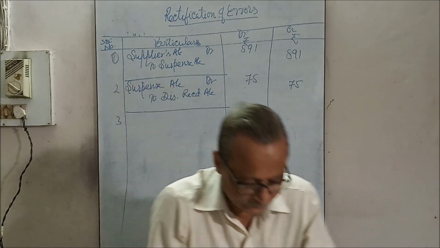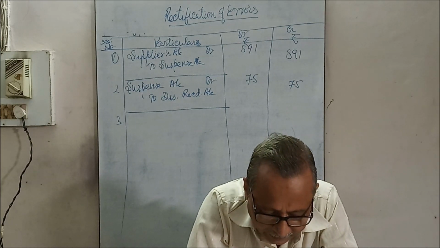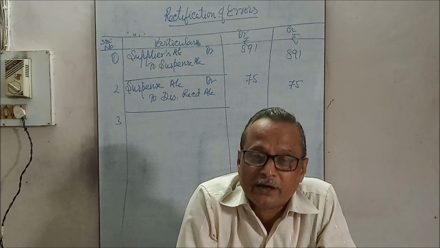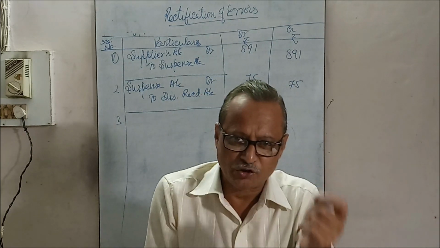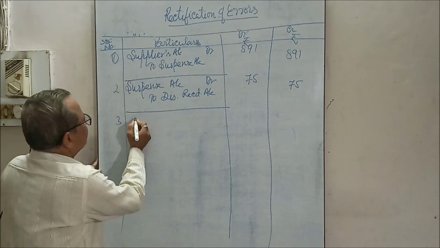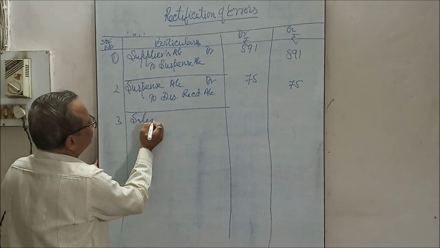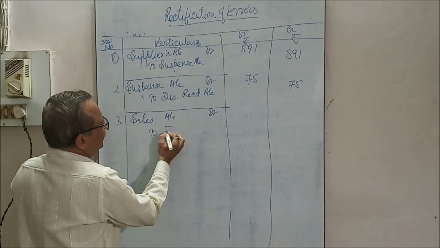Third, sale of furniture for 1400 had been entered in the sales book. It is double-sided. Sale of furniture, in place of furniture being credited, sales was credited. So correct it. Sales account debit to furniture account.